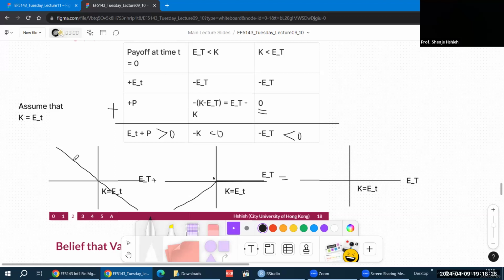Combining these two graphs, a positive slope, a flat line, and then a downward slope, it's going to look like the following.